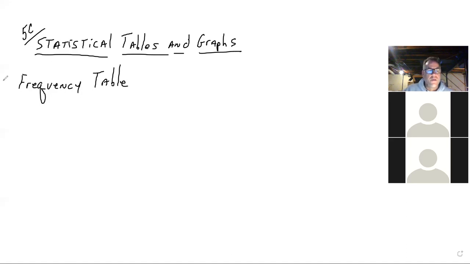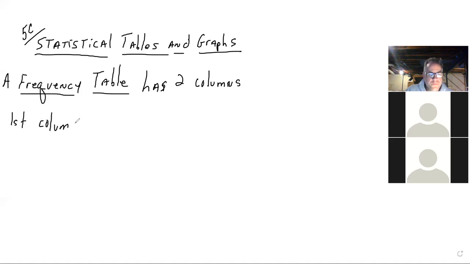Okay, so a basic frequency table has two columns. The first column lists categories of data.